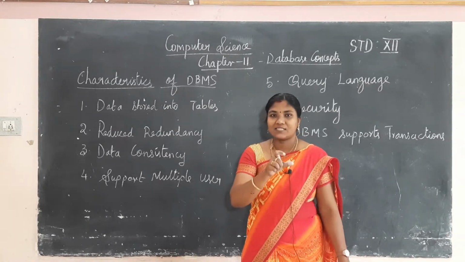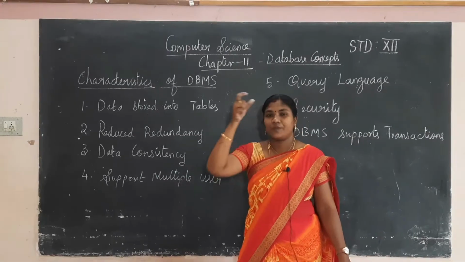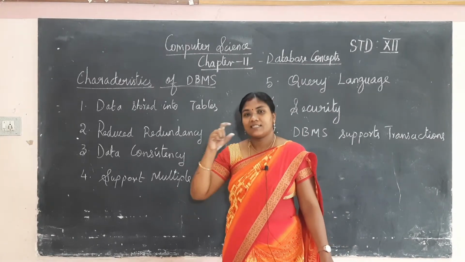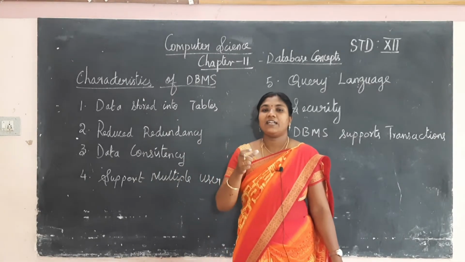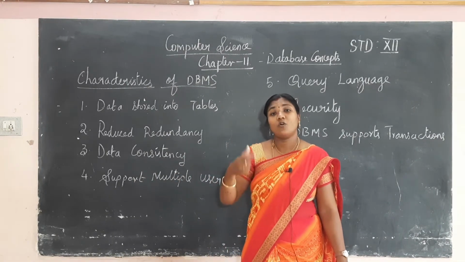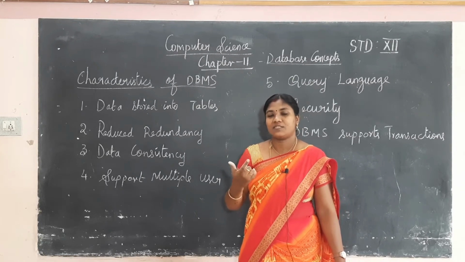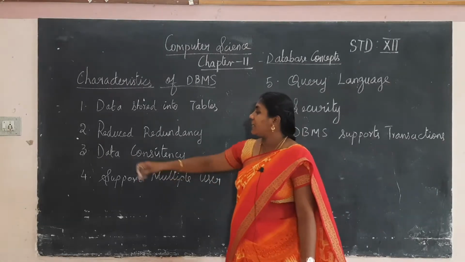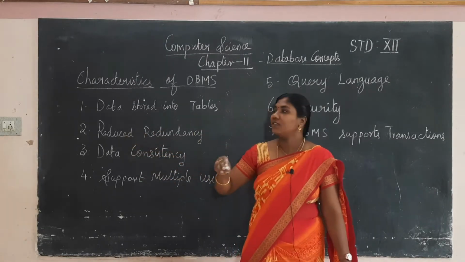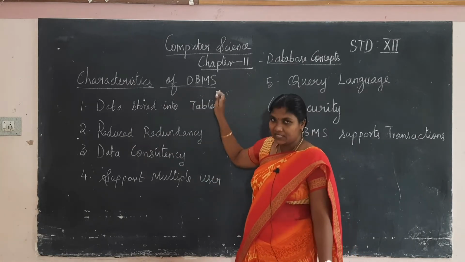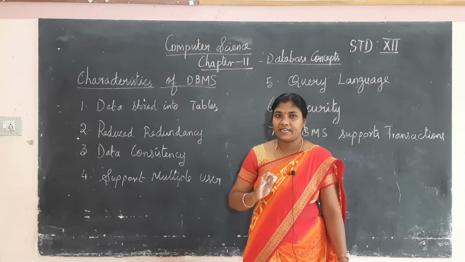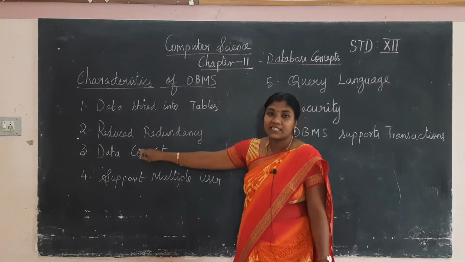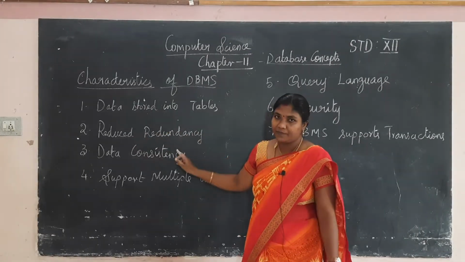If we have one data, the same data has to be repeated a second time, and a third time. So the same data is saved in your computer more than 2 or 3 times. That is repetition. DBMS helps us to avoid repetition of data. That is the second characteristic, reduced redundancy.